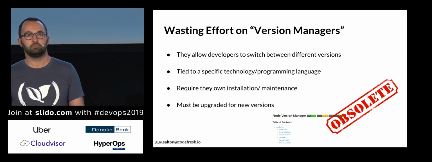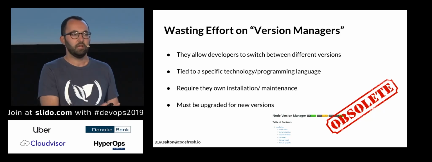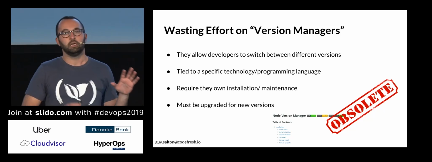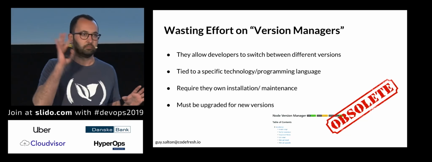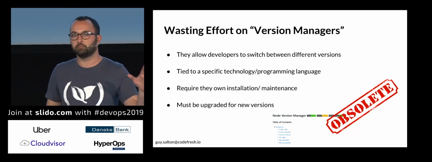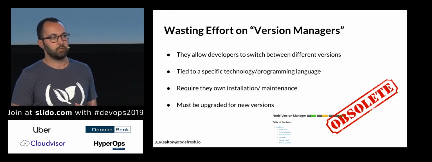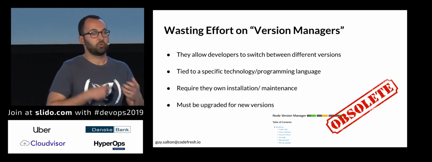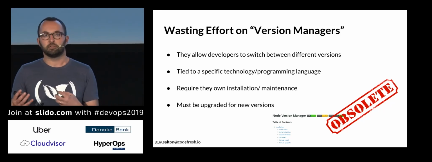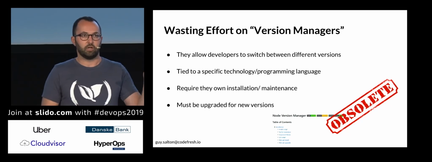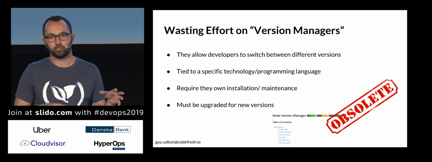So let's say now I'm a developer. I have a build node, and my operator installed both Python 2.7 and Python 3.6 on the same build node. If it's using a version manager, now I have to first run the version manager with some parameter and make it run with my preferred version.